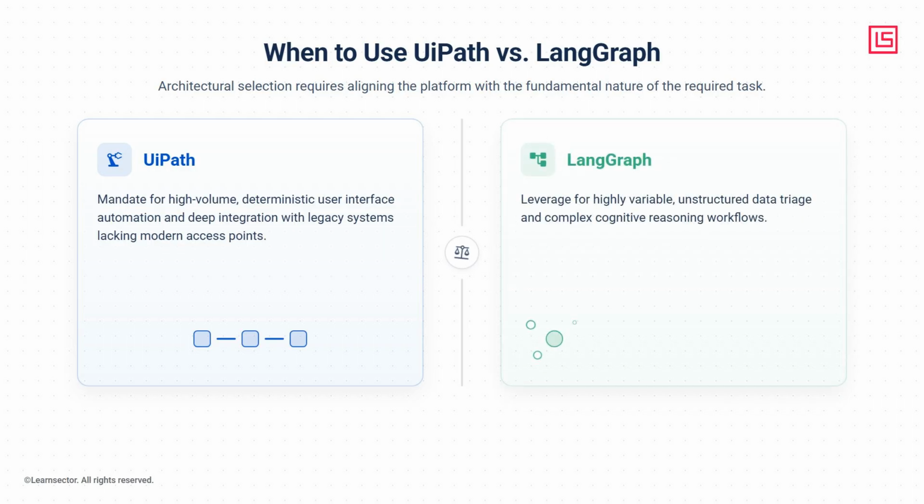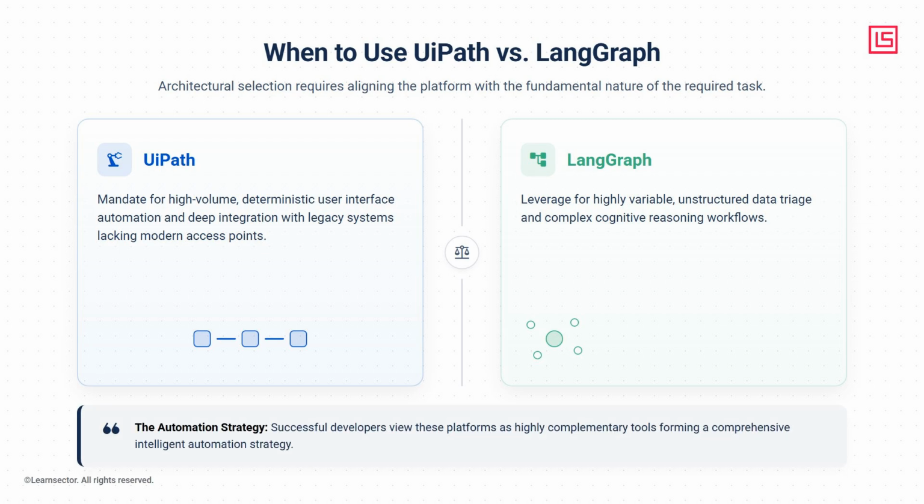Conversely, leverage LangGraph for highly variable, unstructured data triage and complex cognitive reasoning workflows. When a business process requires understanding nuance, making judgment calls, or adapting to unpredictable inputs, Agentic Orchestration provides flexible intelligence standard robots lack. Successful developers view these platforms as highly complementary tools, forming a comprehensive, intelligent automation strategy.